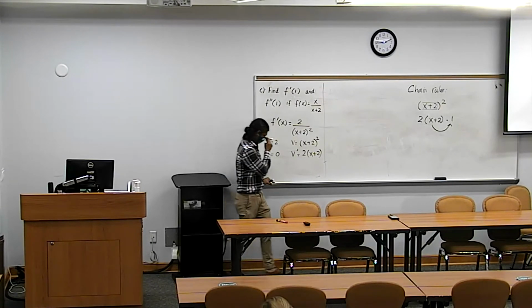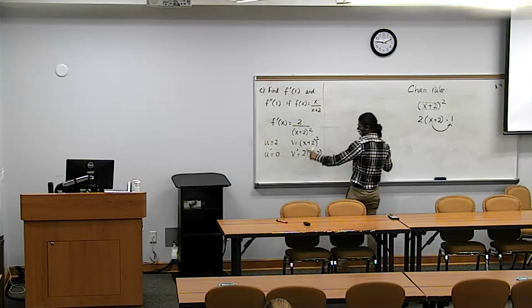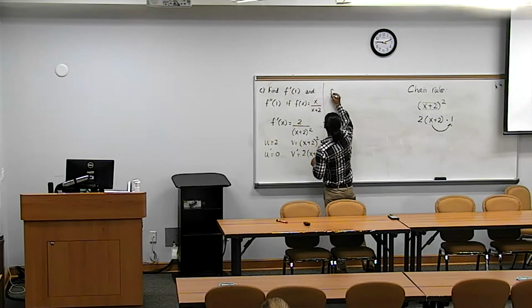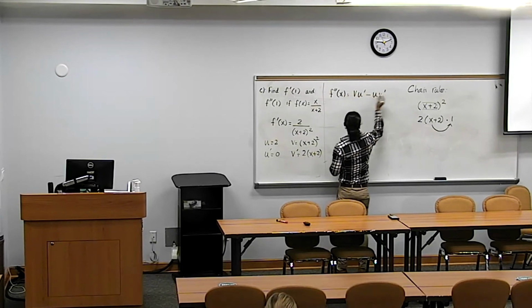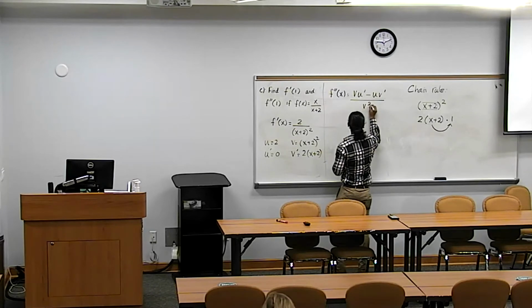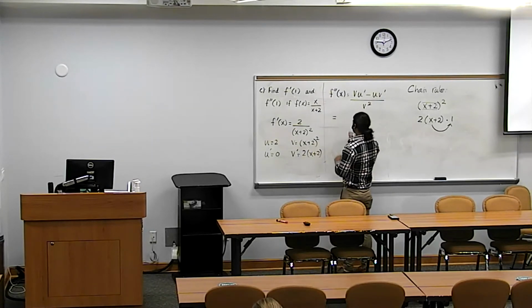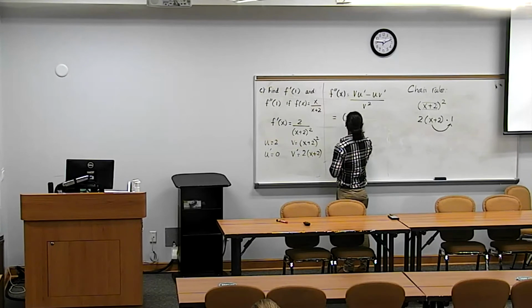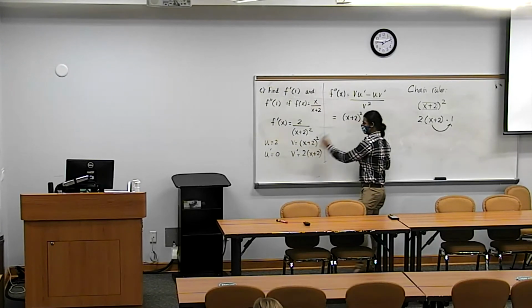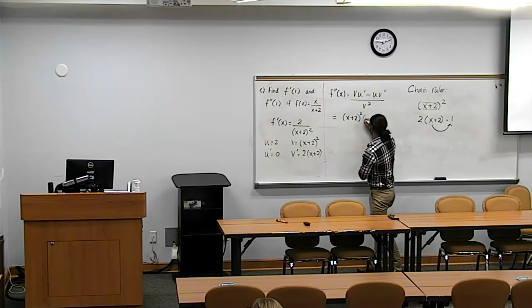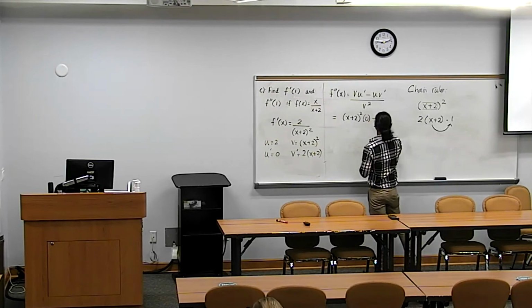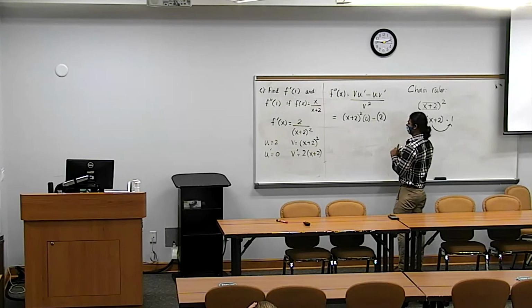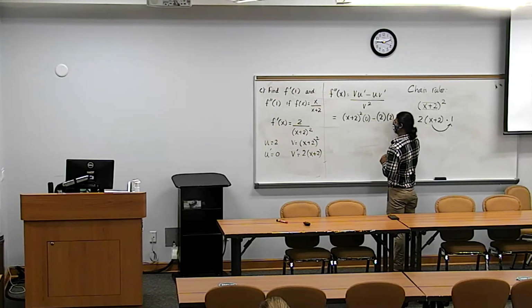Good. So f double prime of x would be v u prime minus u v prime divided by v squared. What is v? V is x plus 2 squared. U prime, luckily, is 0. U is 2. V prime is 2 times x plus 2.